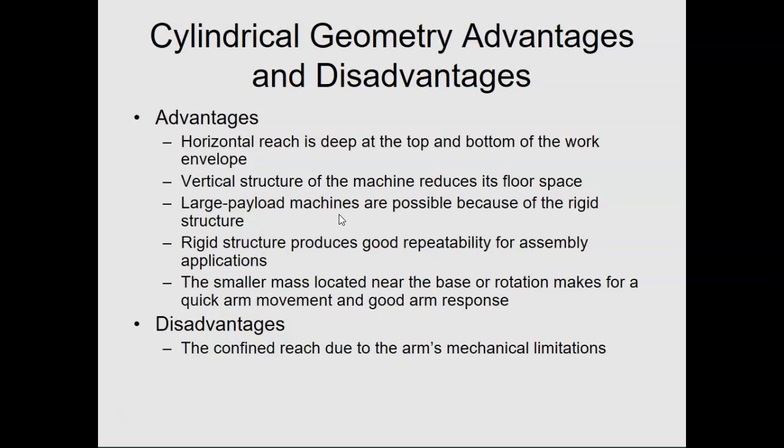Large payload machines are possible because of the rigid structures. That's why an overhead crane can lift about 10 tons very easily if it's put together correctly.